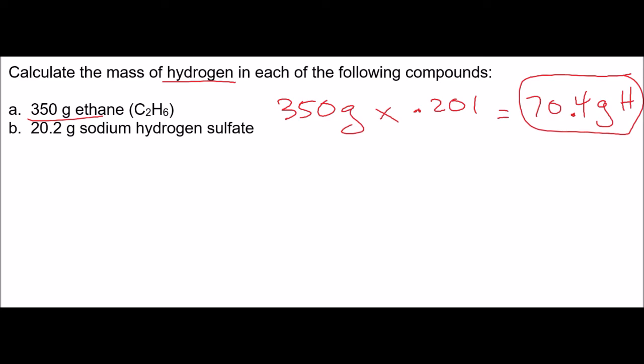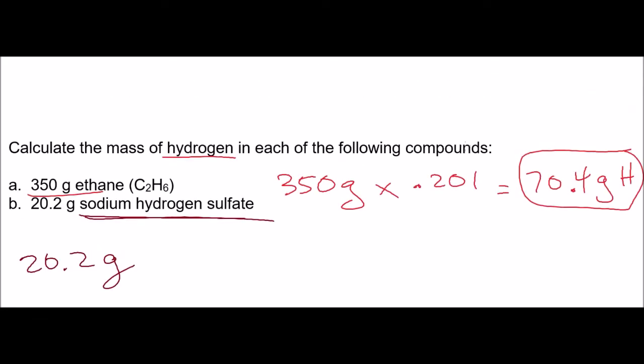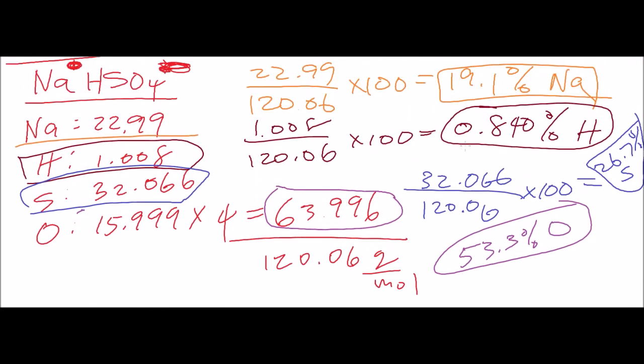All right, so let's do the same thing with the sodium hydrogen sulfate. Okay, so we're starting with 20.2 grams of this entire stuff, right? And we calculated the percent composition in the earlier problem. All right, so where is that? Here it is. All right, so you got to be careful. This is less than 1%, and so when we turn that into a decimal, you'll have to move that decimal over 2 times to the left.